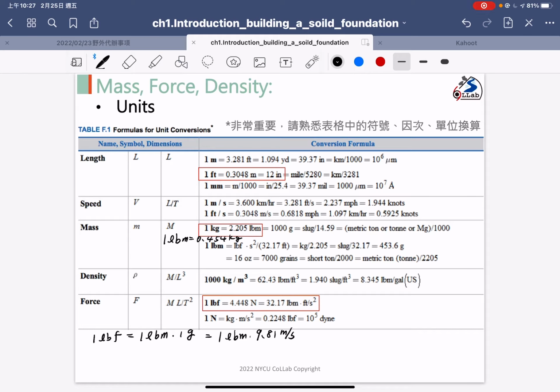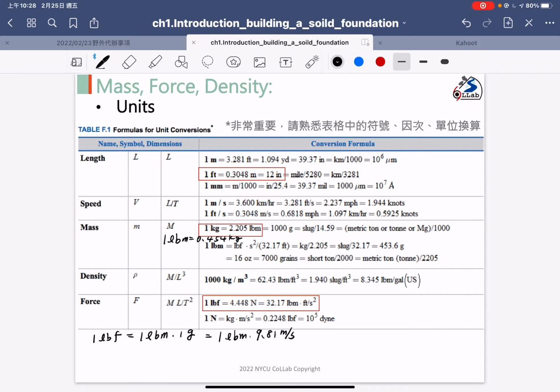But the unit is not consistent because in total we have 2 unit standards. The first one we call the SI. SI is 公制, right? Standard unit. And another is the English unit. We say that the 英制. So we have 2 standard units, 公制 and 英制. Okay, so right now I write down the number shown here.